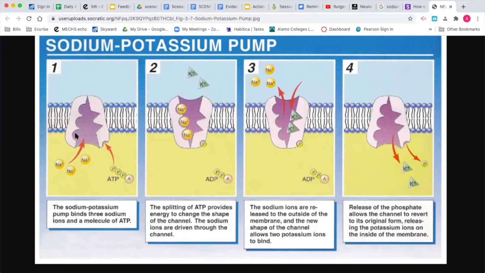And we've got potassium right here that goes in on the other side. And then it flips like this. And it ejects the potassium. And then sodium comes back in. And then it goes like this. Basically, it just flip-flops back and forth, forcing sodium out and potassium in.